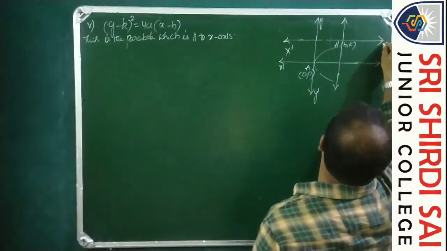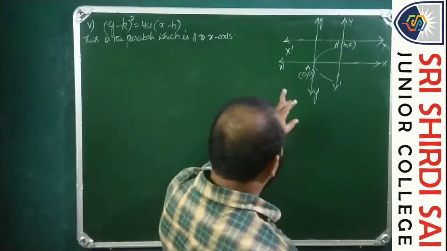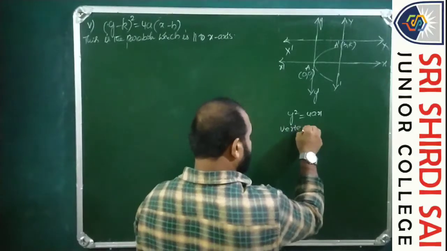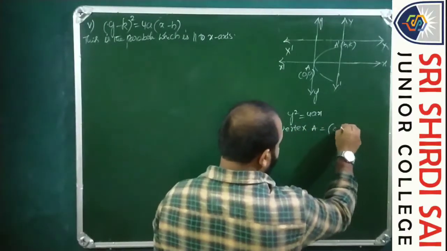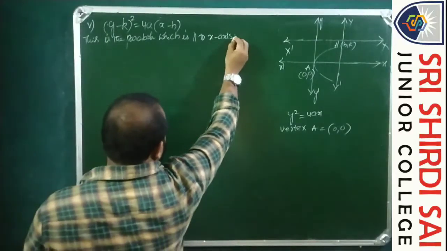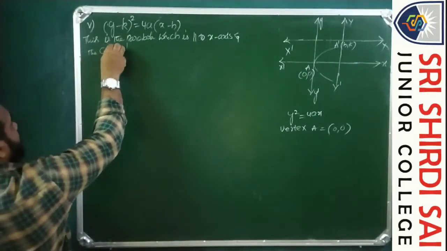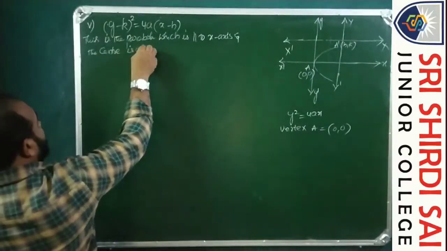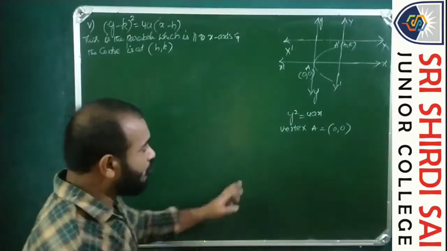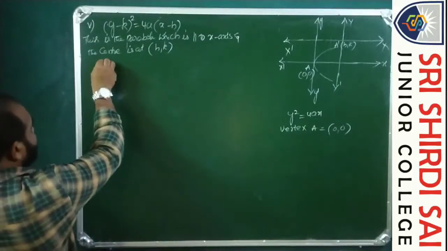Now for y square equals to 4ax, what is the vertex? A, that is 0 0. So here, which is parallel to the x-axis, the center is at other than the origin. Let us suppose this to be h comma k.